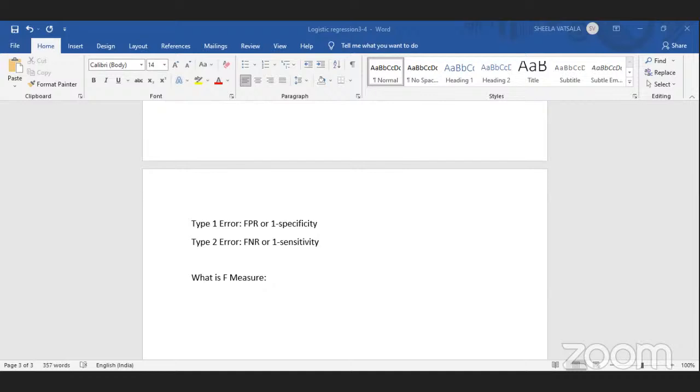Those are the things that business will take a call on. But for us to understand, F measure is basically 2 times precision into recall divided by precision plus recall. Okay, this is a simple formula. You might want to remember it easily.